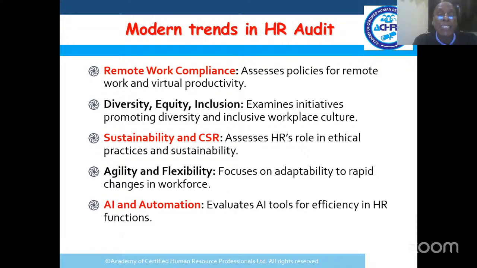Another trend that is emerging is DEI, which is diversity, equity, and inclusion. This audit looks at the programs and initiatives that HR managers put in place to ensure that everybody is given an opportunity to participate in organizational activities and also be recruited or hired to work in that organization.